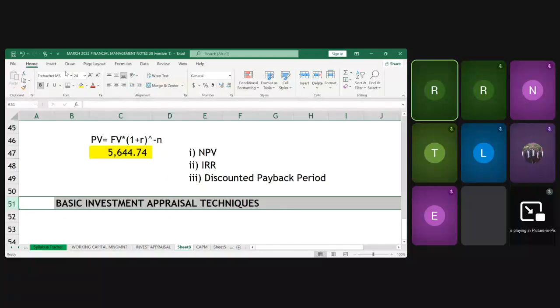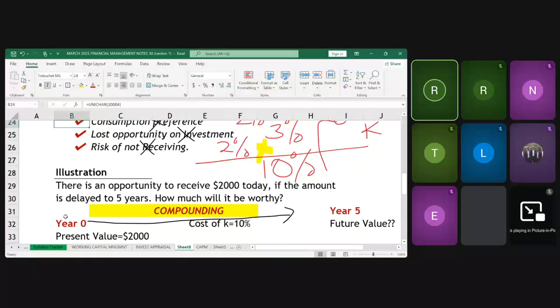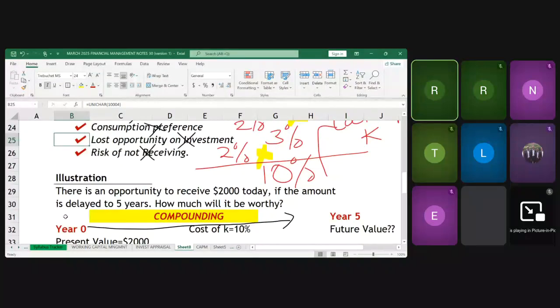Under these, I think we have agreed that these methods do not take into account time value of money. So the issue of us discounting is not there. The key thing to note is that they do not take into account time value of money.